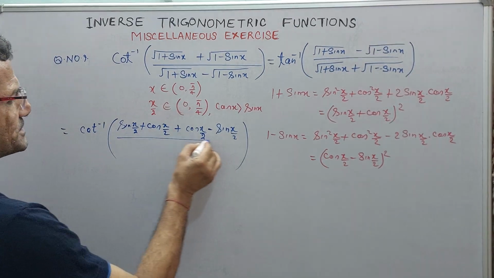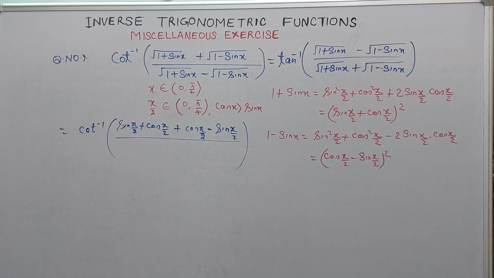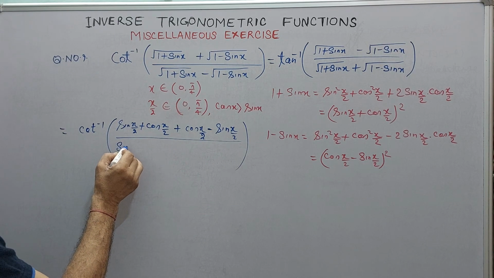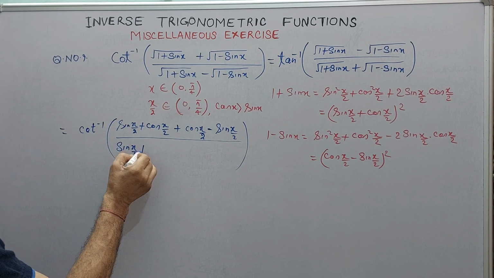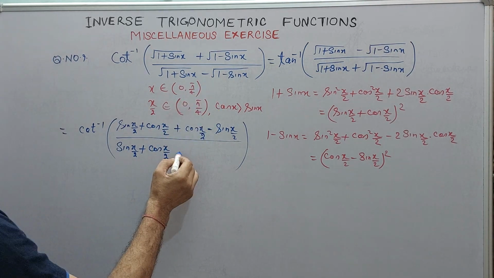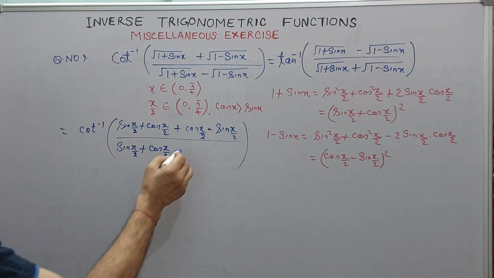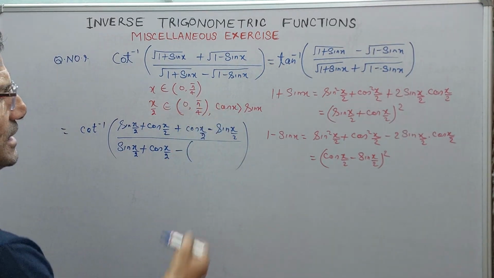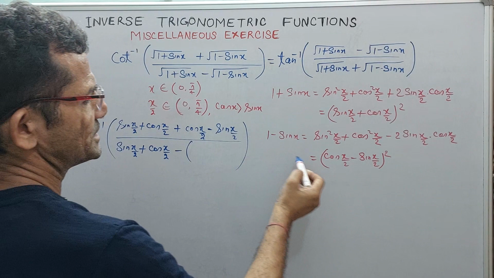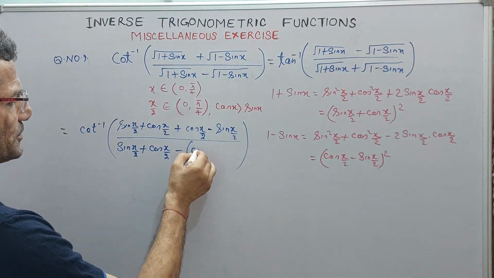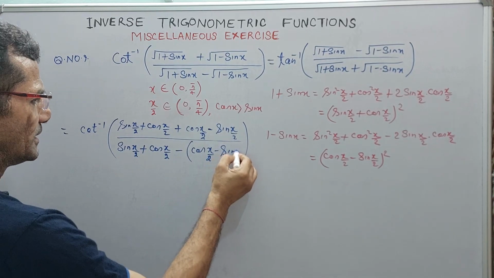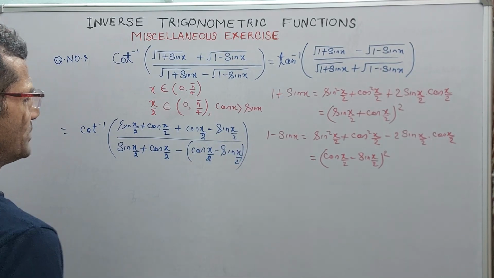Now in the denominator part, 1 plus sin x is replaced by sin x by 2 plus cos x by 2, minus, and outside is minus 1 minus sin x replaced by this one, so it becomes cos x by 2 minus sin x by 2. Bracket is closed.